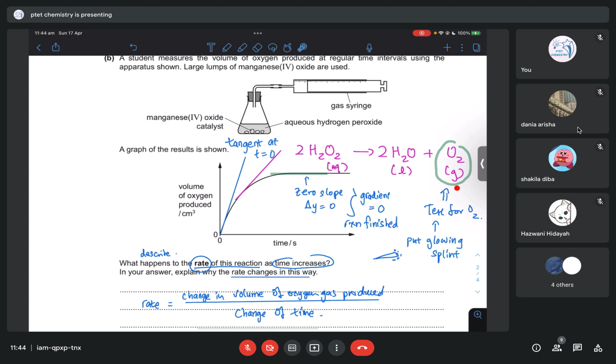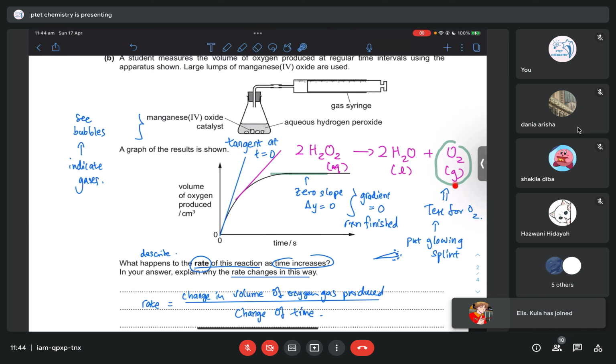What do you see? We see bubbles because the bubbles indicate they are gases. And you cannot see colorless gas. You are collecting the gas and you can test the gas with a glowing splint and the glowing splint will relight. Okay? Anyway, my question originally was about what would you see at the end of reaction.